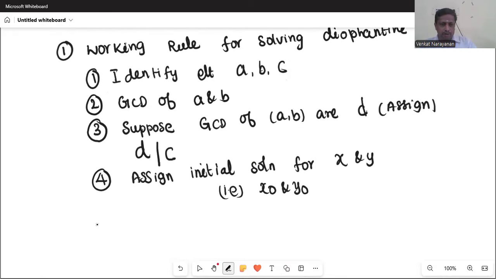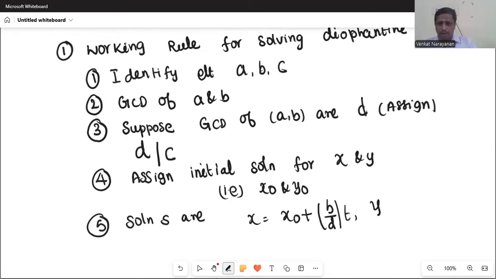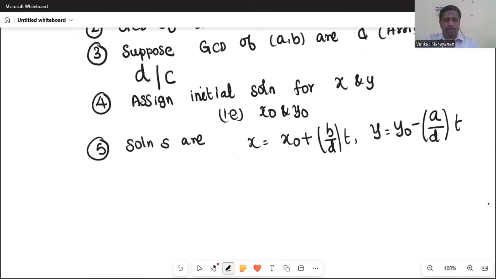Now the solutions are x equal to x naught plus b by d into t, and y equal to y naught minus a by d into t. These are the solutions for the problem.